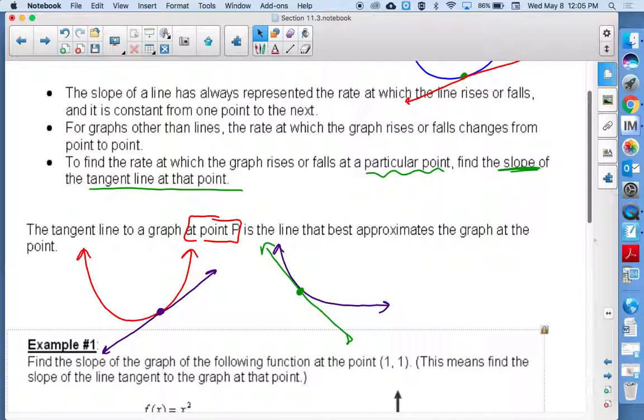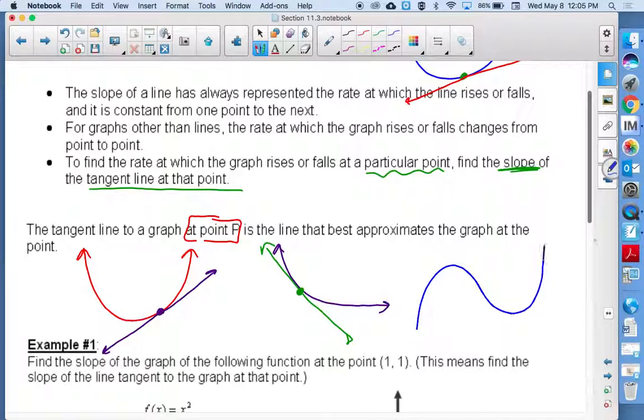So it could be under the curve as well, depending on where the curve is. And one final graph, if I have something like this, I could have a tangent line on the peak of the curve as well. So a tangent line can be anywhere on the curve, and it's going to have a different slope depending on where it is at the curve.